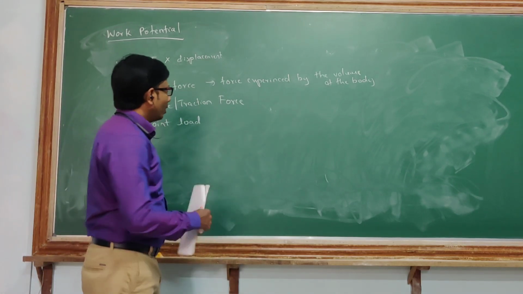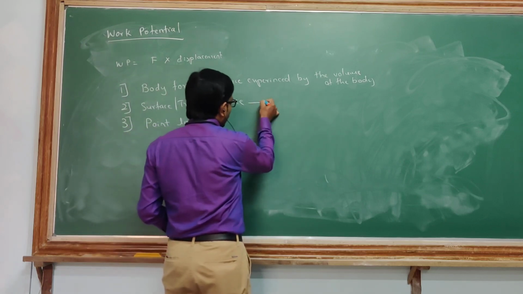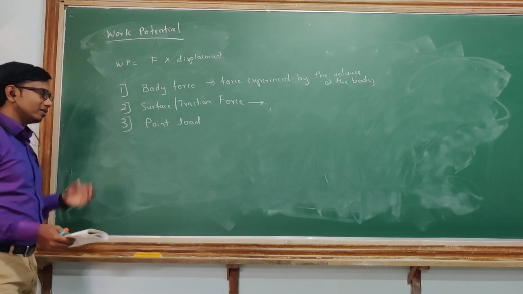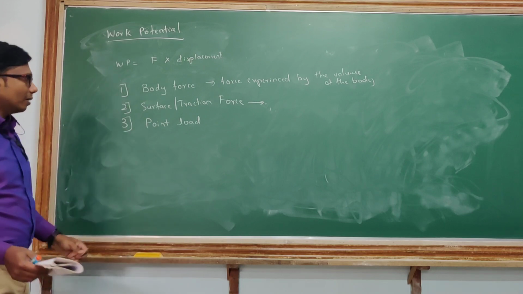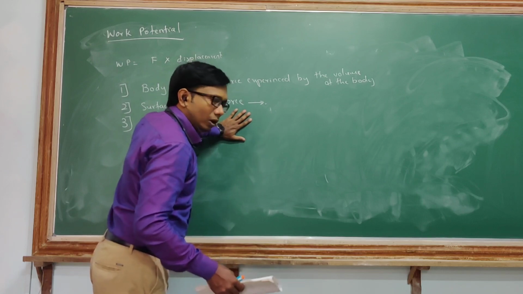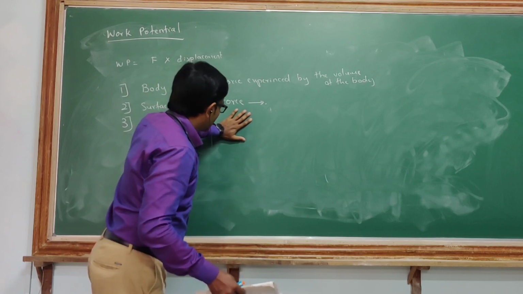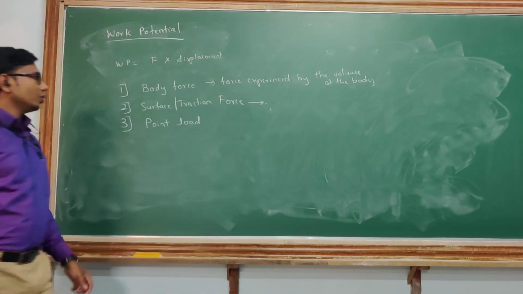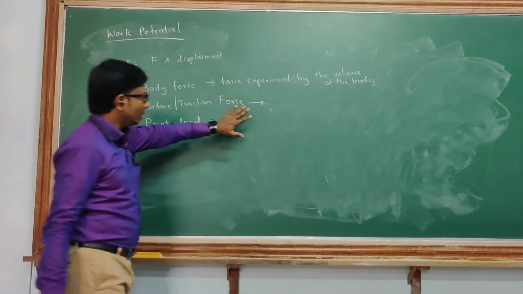Now we will go to the term surface or traction force. What do you mean by a surface or traction force? For example, if I keep a hand on this board and push it, I am applying a certain force on the board.